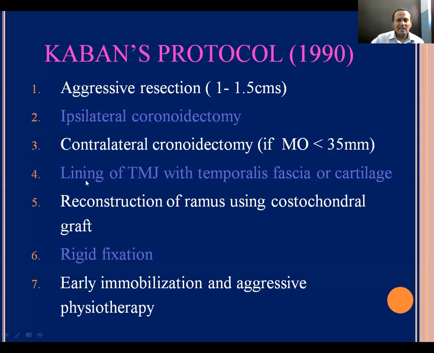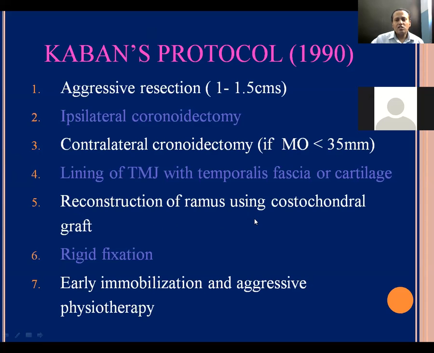Then the fourth step is lining of the temporomandibular joint with temporalis fascia or cartilage. This is also called interpositional gap arthroplasty, that is placement of interpositional materials in between so that re-ankylosis is prevented.